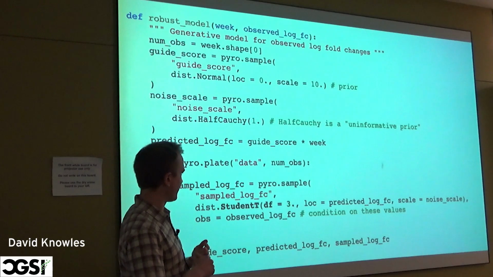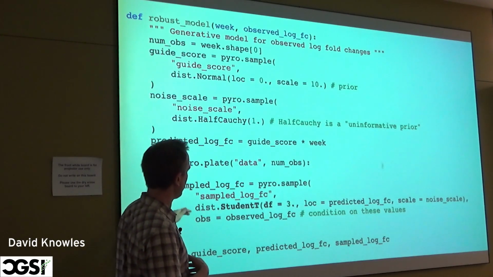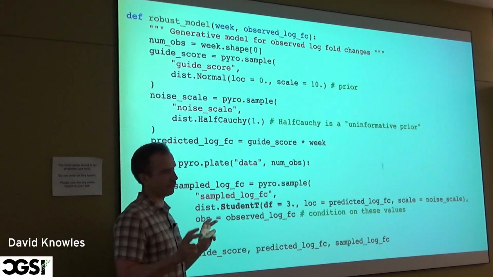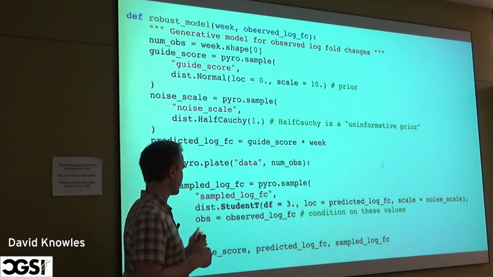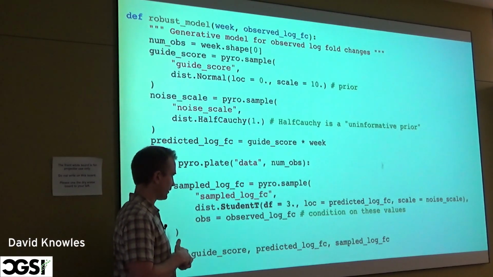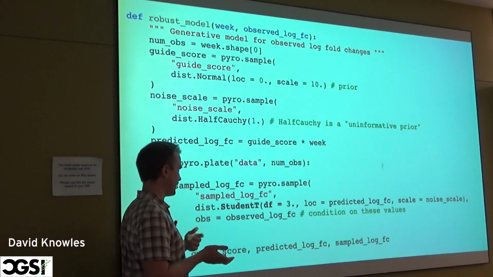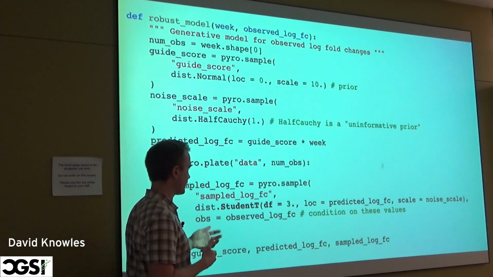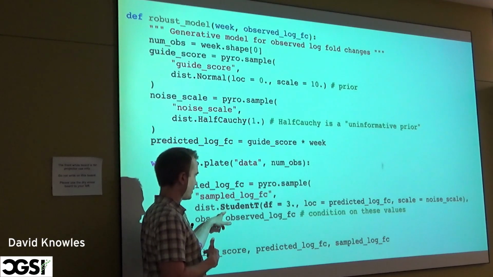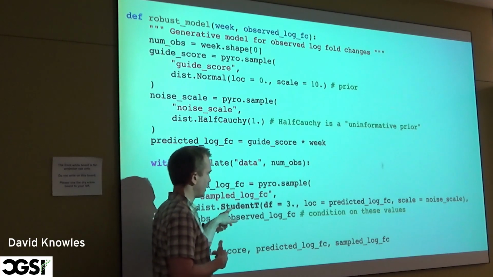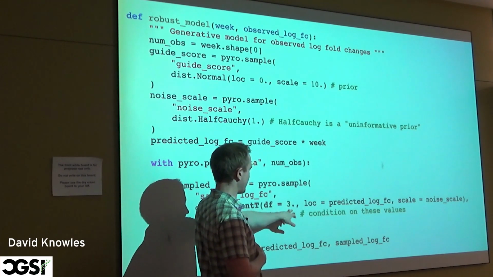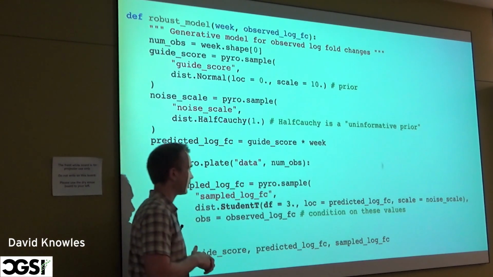Explicitly handling outliers is always a bit annoying, but one soft way of handling them is to use what's called robust noise models. Before, we assumed that the noise was Gaussian distributed, but with Pyro it's very easy to switch to different distributions. For example, we can use a student t distribution, a family of distributions parameterized by a degrees of freedom, which I'm setting to 3 here, again something we could try and learn.